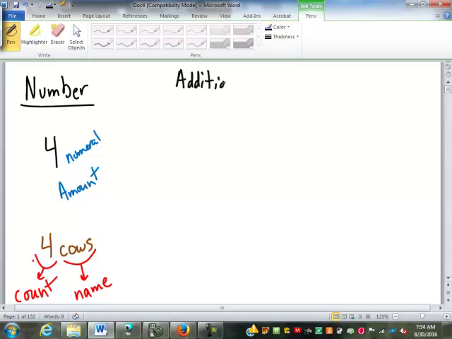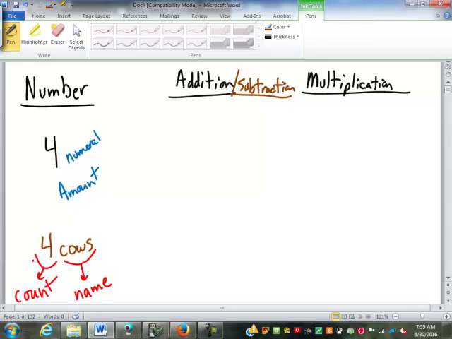So our two most basic math operations are addition and multiplication. Now at this point you might be wondering, wait a second, where's subtraction? I thought addition and subtraction were our basic operations. Well, addition and subtraction, if you really get deep into number theory, they're the same operation.